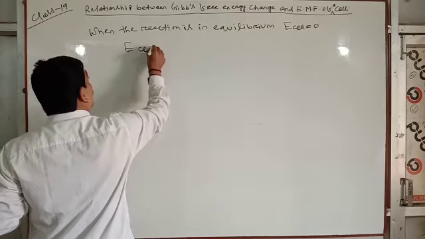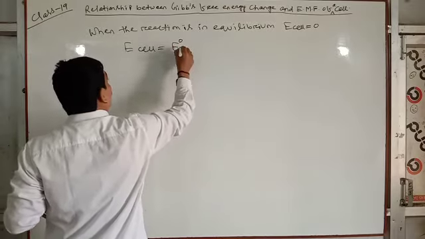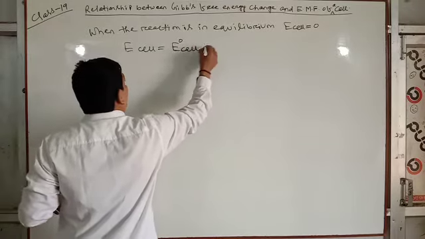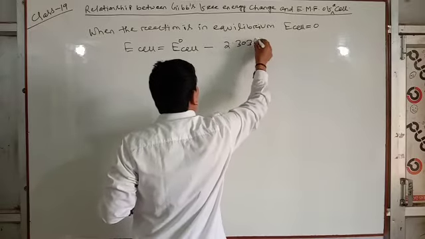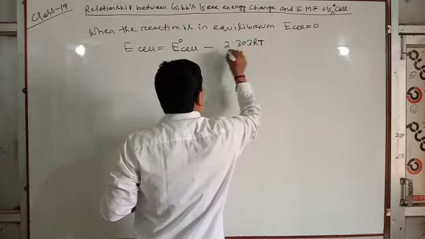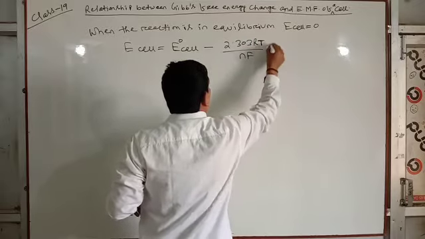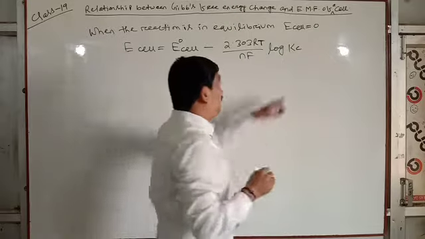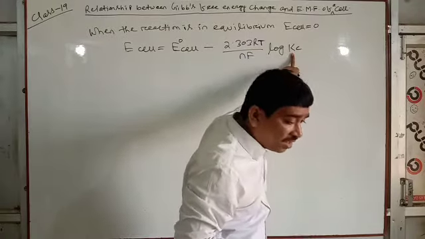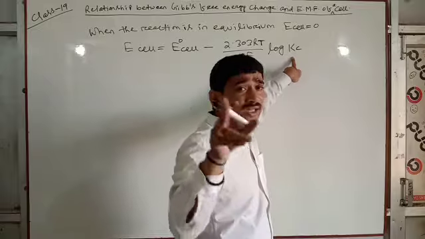We know the last equation: E cell equals E naught cell minus 2.303 RT by nF log Kc. In terms of the equilibrium constant, that is Kc, or you can take it as Q, the reaction quotient.